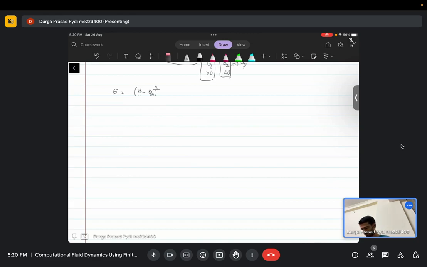We just take dS by dphi to be simpler, so it will be 2 phi minus phi naught star. So what I am saying is, S equals phi star minus phi naught square, but this second term will now go into the SC part.